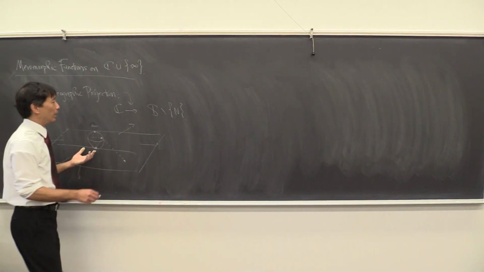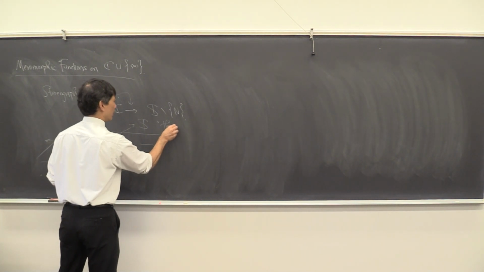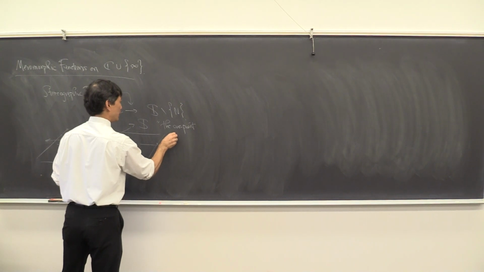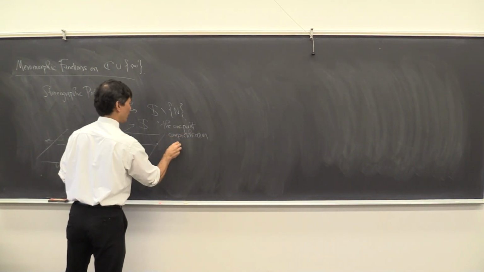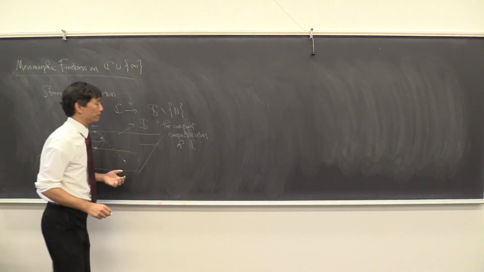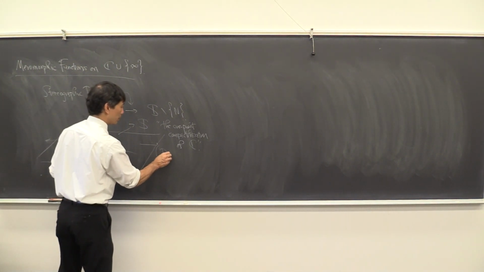Okay, so this S is called the one point compactification of the complex plane, also known as the Riemann sphere.